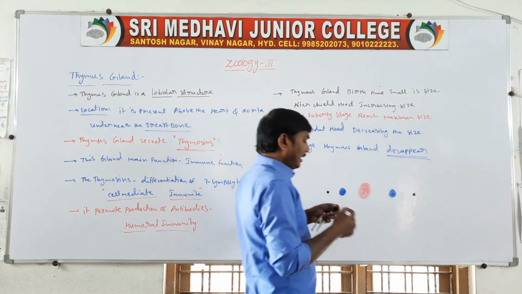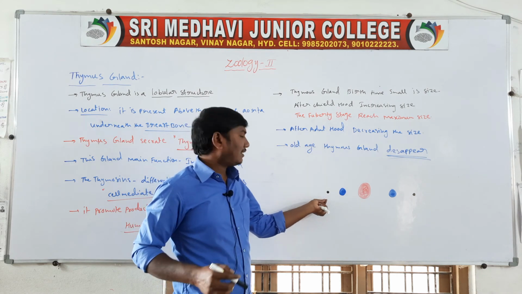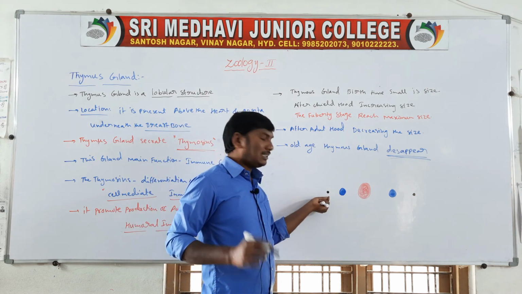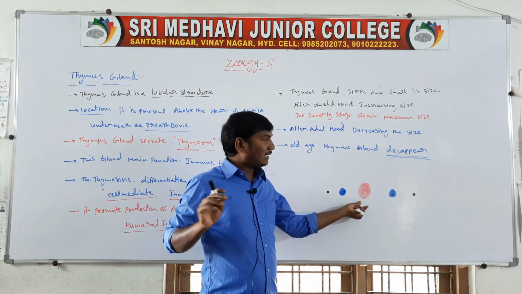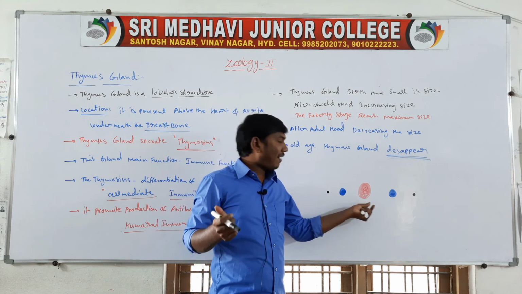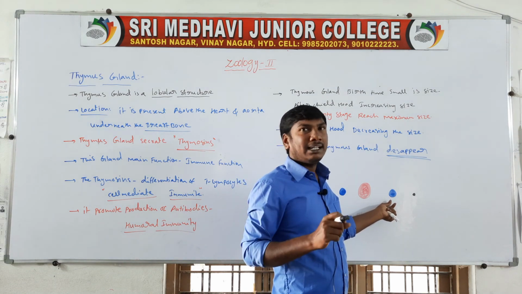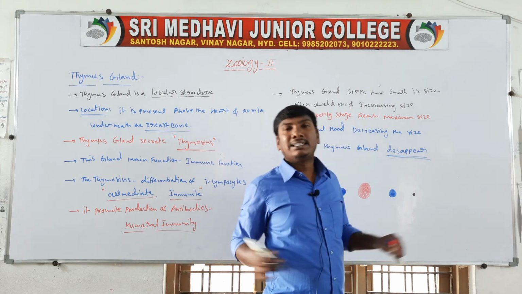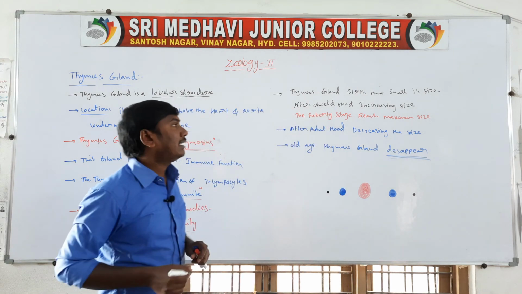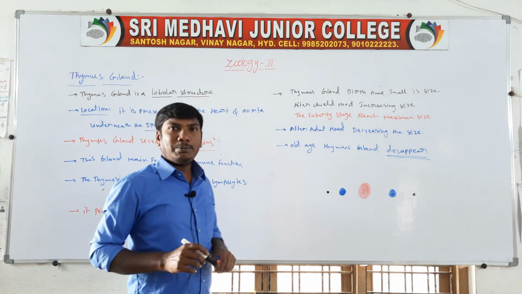So in the birth and childhood stage the size is small, and in childhood the size increases. In the puberty stage, the size is maximum. After adulthood, the size decreases, which means decreasing of the size. In old age, the thymus gland disappears completely.